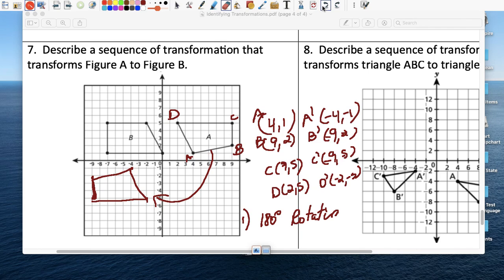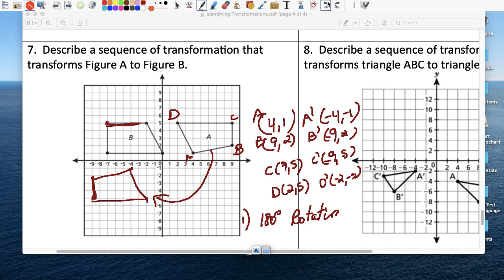So I did a rotation. But I don't know if anybody noticed that this particular trapezoid has this line flat, and this line flat, two horizontal lines.